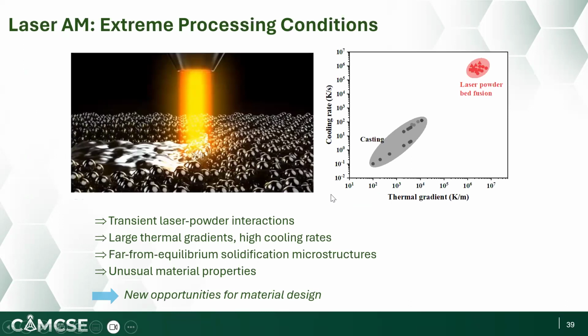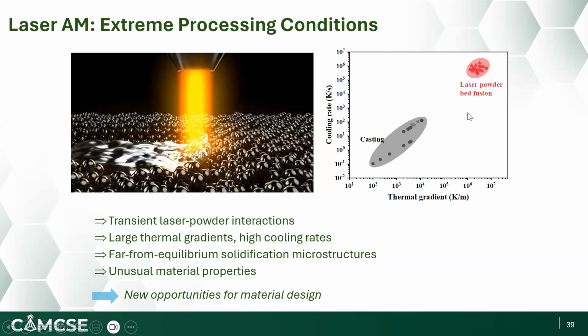During laser additive manufacturing, the transient laser powder interactions often induce very large thermal gradients and high cooling rates. For example, on the right side, you will see a plot of cooling rate versus thermal gradient for conventional casting versus laser additive manufacturing.